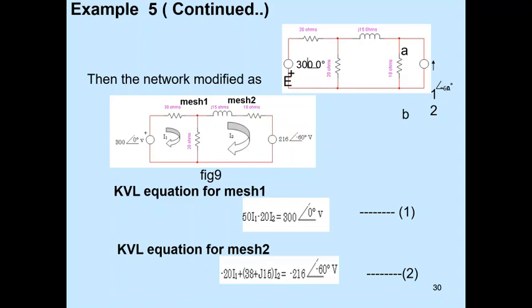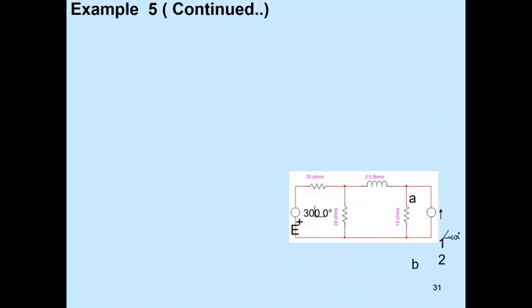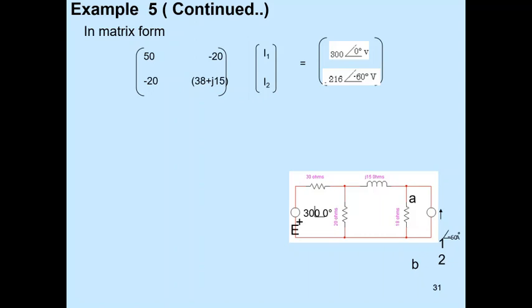So this we can write in a matrix form. See here, that is 50, minus 20, minus 20, 38 plus j15 into I1, I2 is equal to 300 at an angle of 0, 216 at an angle of minus 60 degrees.